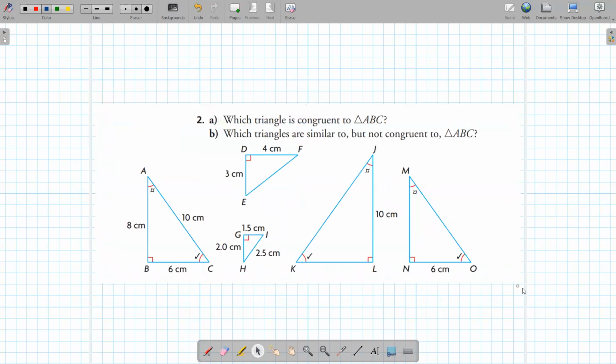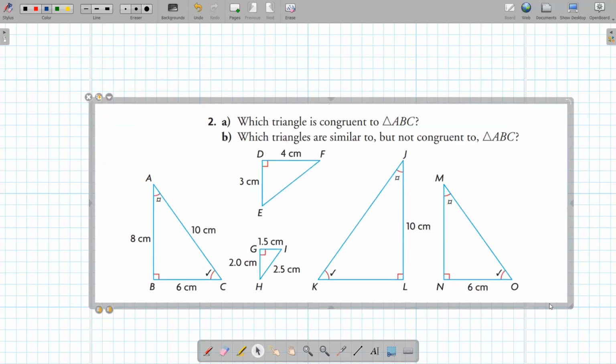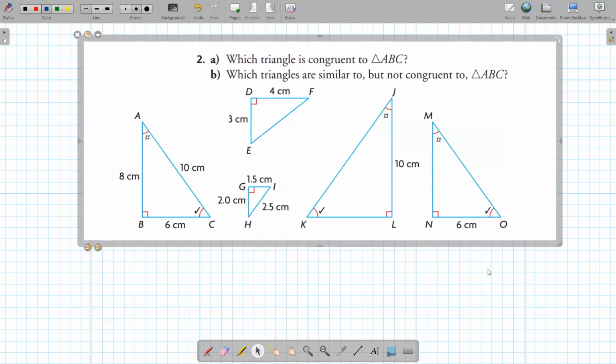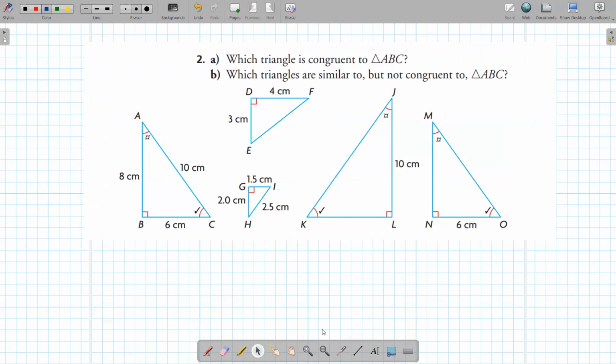Which triangle is congruent to triangle ABC? Now congruent means it has to be exactly the same. The orientation might be different. So this is our starting triangle. The question is asking us which one is the exact same thing as this one.